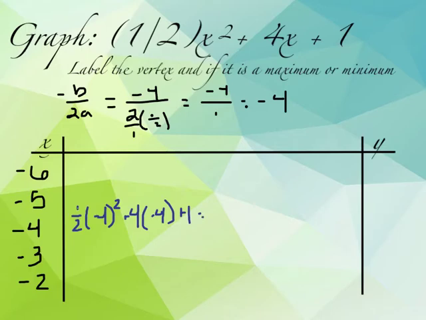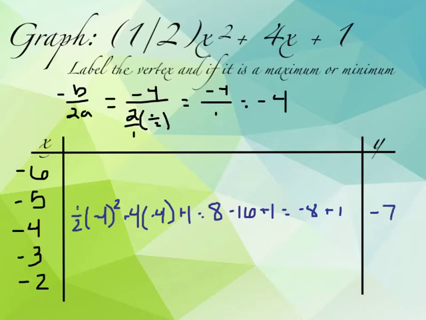So negative 4 times negative 4 is 16. 1/2 of 16 is 8. Positive 4 times negative 4 is negative 16 plus 1. That gives us 8 minus 16 plus 1. That gives us negative 8 plus 1, which would be negative 7.